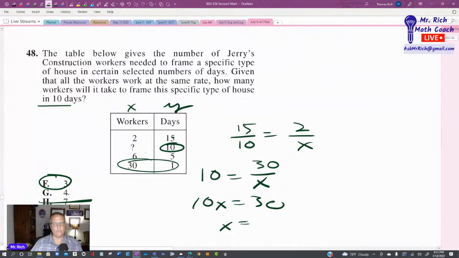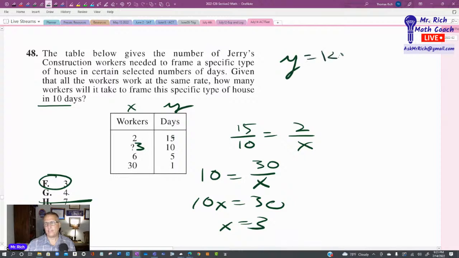So it's a sneaky problem in a way, because the fact that these workers are working at the same rate is what we call an inverse relationship. A direct or an inverse proportional relationship. So it can be either y equals k times x, or y equals k over x if they are in an inverse relationship.